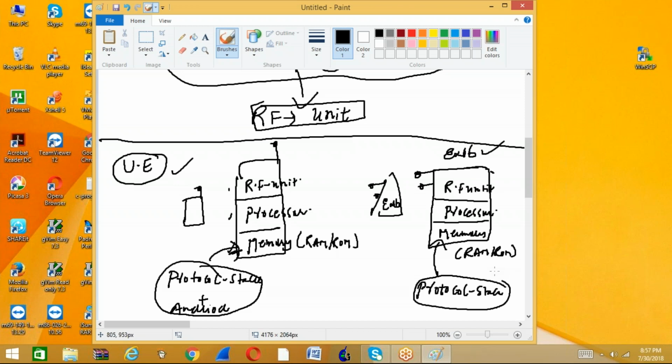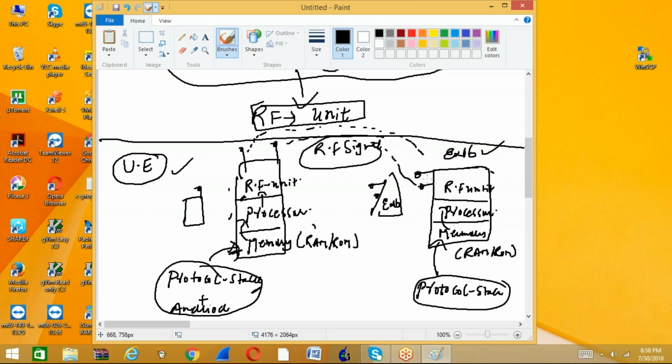And you should know which processors are being used in the eNode B and which processors are being used on the UE side. The software is present in memory, and processors will pick the software and process it, whereas the RF unit will take commands from the processor and will process the RF signals. So this is how your RF signal is generated, right? The same process happens in the eNode B also.